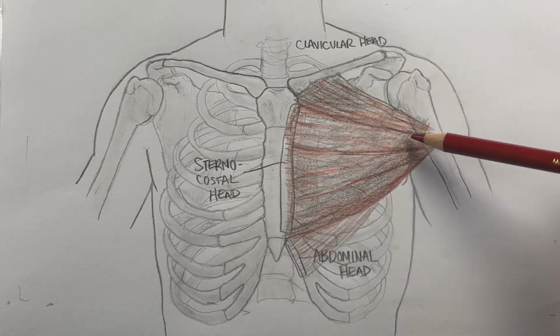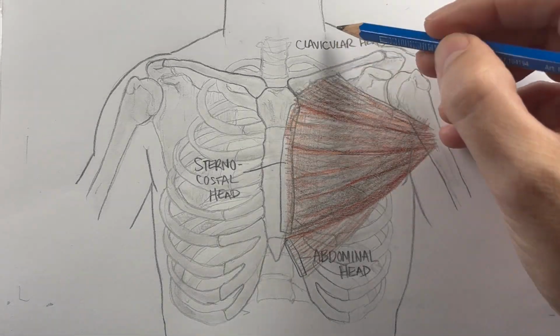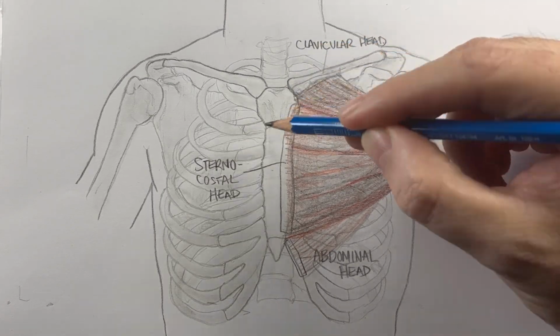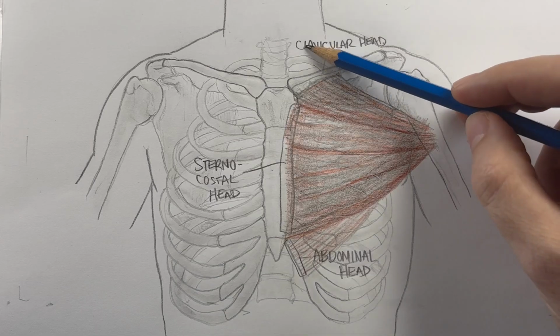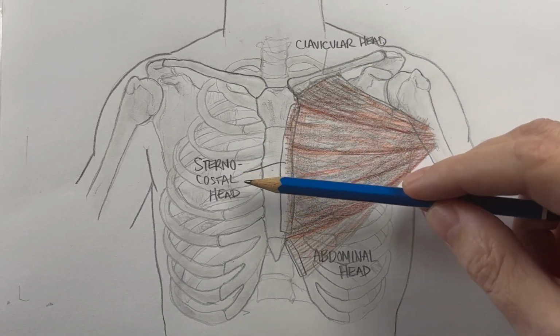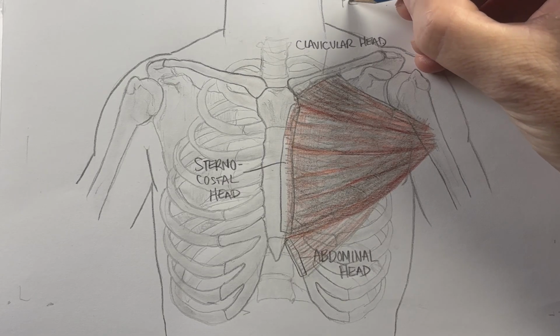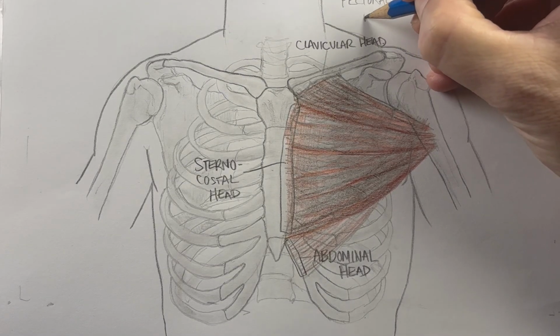Now underneath all of these, just for completion's sake, clavicular head. All three of these, the clavicular, the sternocostal, and the abdominal head, are all part of the pectoralis major.